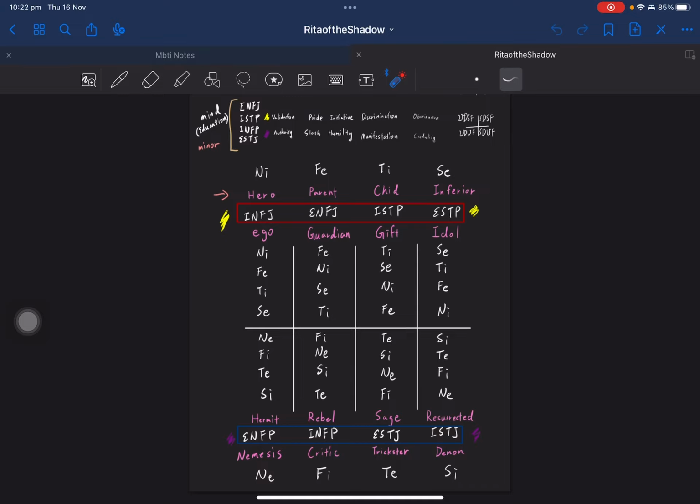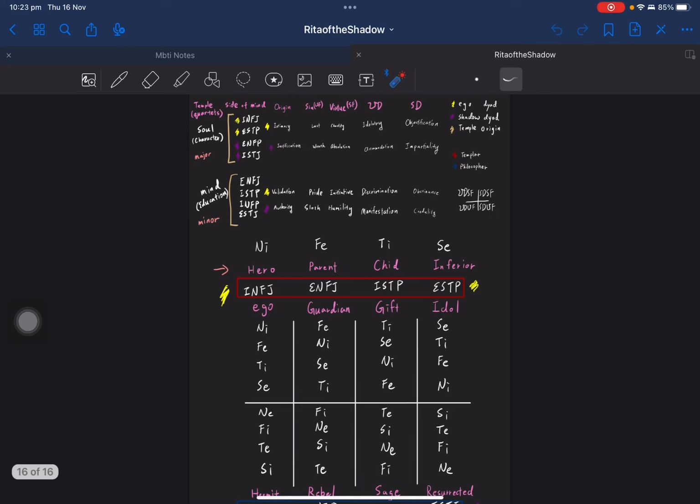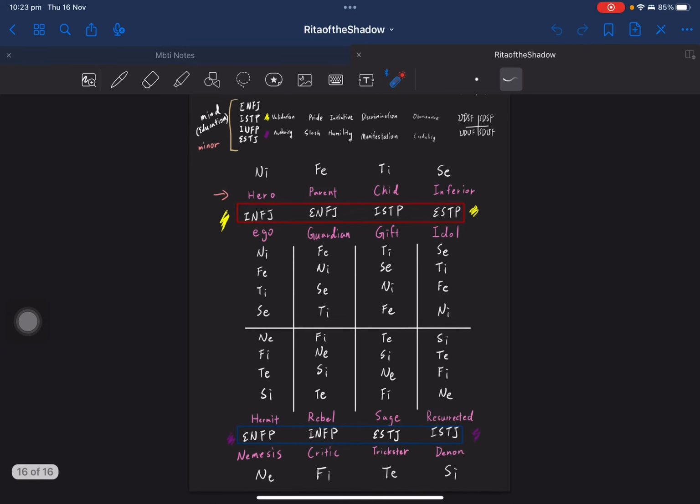So that means we actually have two mini temples in our psyche. And maybe that's why people are so complicated. And I'm still trying to work out how to explain what I have got here.